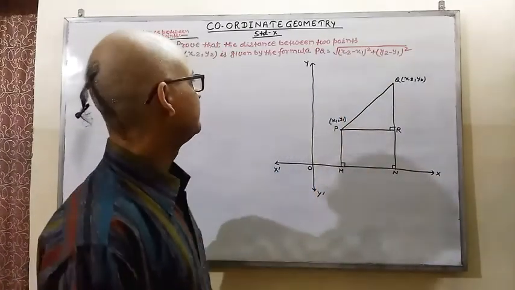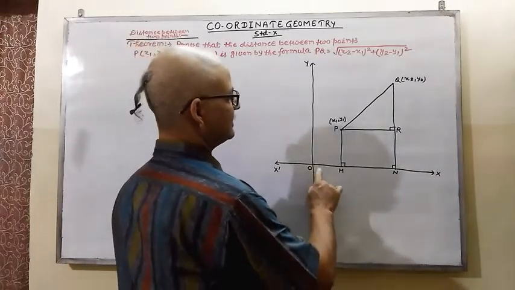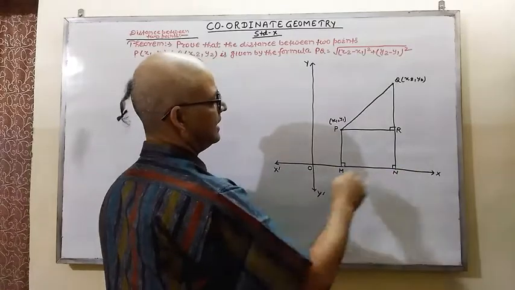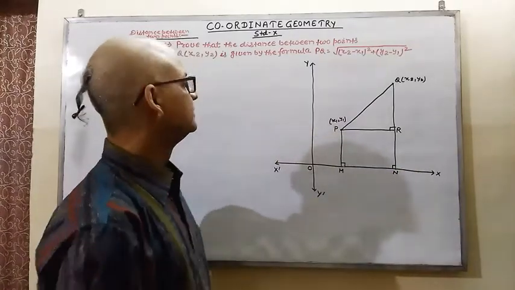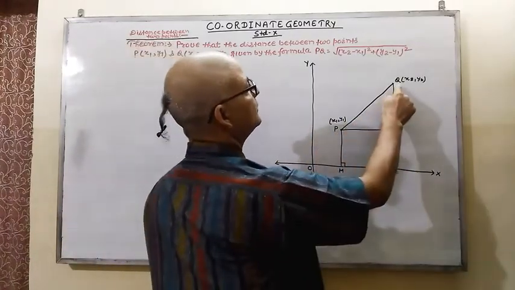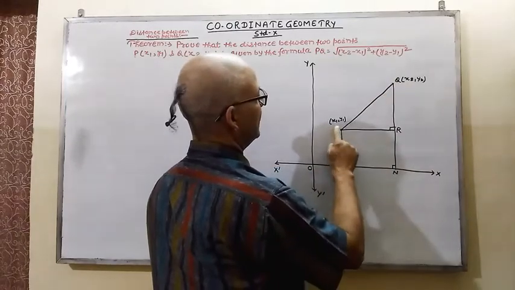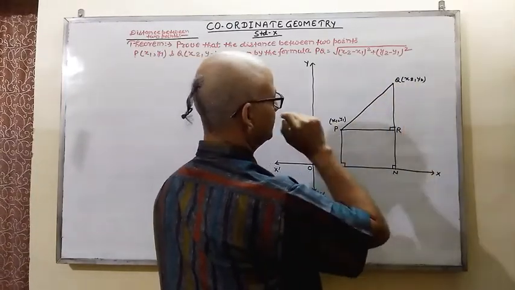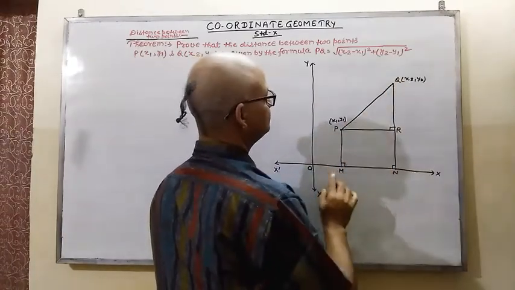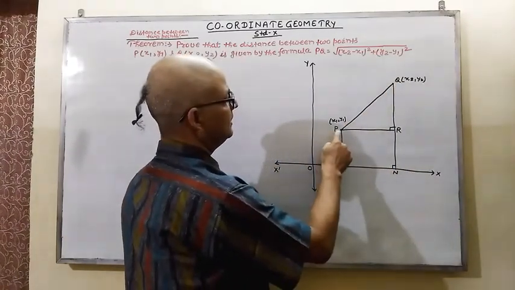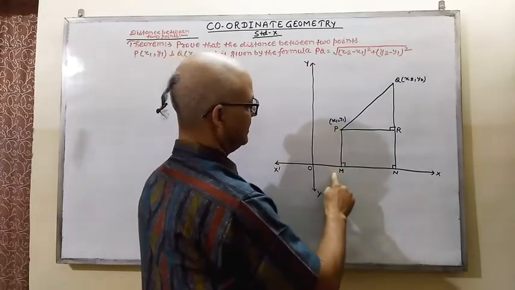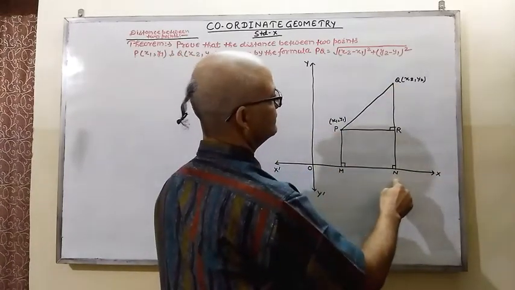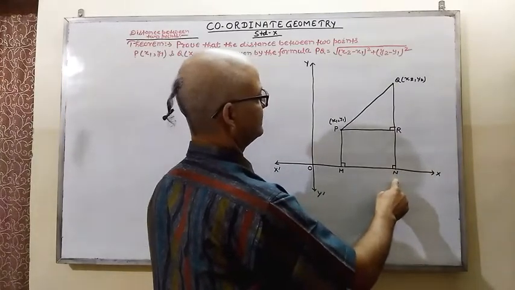So now suppose X'OX and YOY' are the plane. P and Q are two points. P has coordinates x1, y1 and Q has x2, y2. So join PQ. Now from P, draw the perpendicular PM on the x-axis and from Q draw the perpendicular QN on the x-axis.